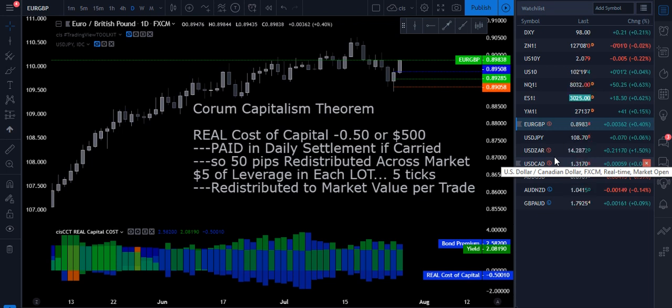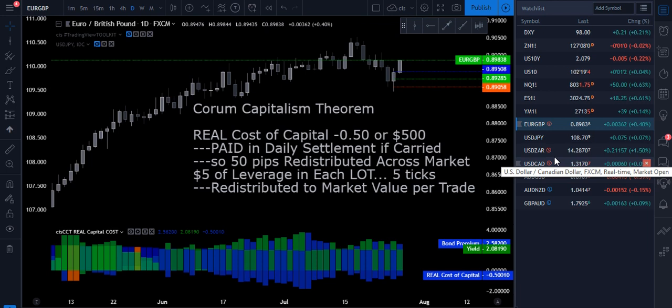And the way it is paid is it's distributed or redistributed across the market. So that's 50 pips of value relative to the US dollar that will be redistributed throughout the market algorithm's adjustment of the dollar value for that day for any trade in US dollar that is carried over through the rollover or the settlement.